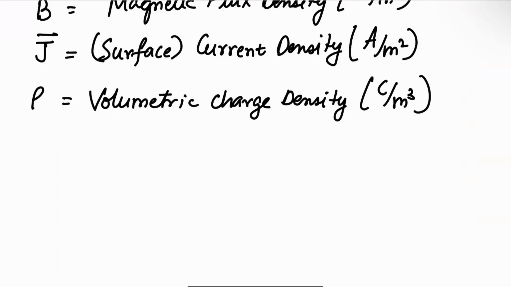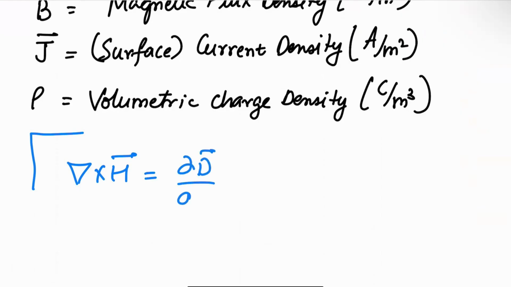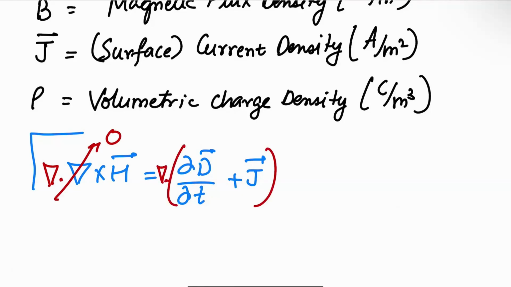So what we can do is we start with curl of H equals dD over dt plus J, and I apply divergence on both sides. So when I take divergence on the left-hand side, this goes to 0 because divergence of curl is 0, right? And I apply divergence on this side as well.